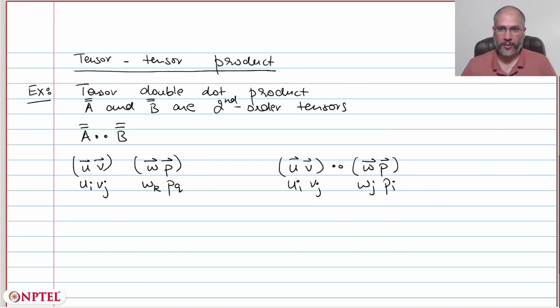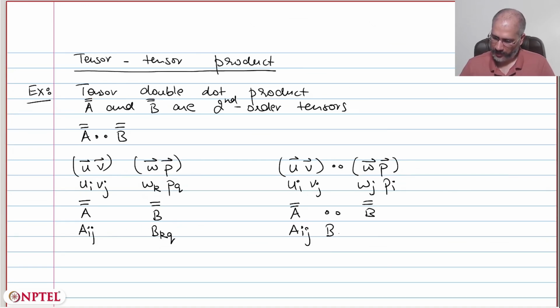If I were to do it for second order tensors A and B rather than these dyads, instead of the UV dyad I'll write a second order tensor A and a second order tensor B. Indicially this would be Aij, Bkq, because second order tensors have two indices to represent them. Then when we apply the horizontal double dot, we will have indices in the order Aij and then Bji, just the way we have the ordering of indices in the dyad.